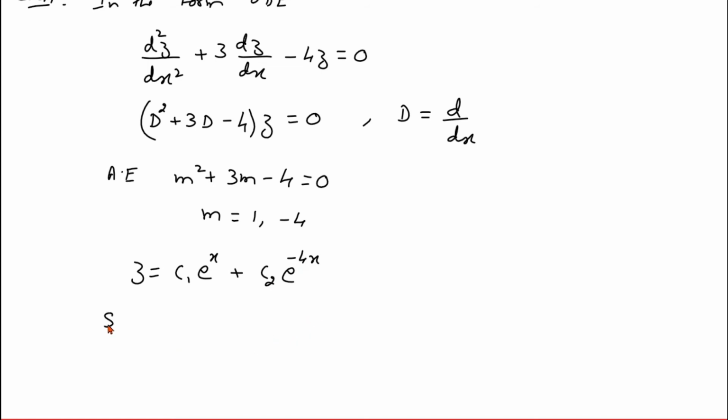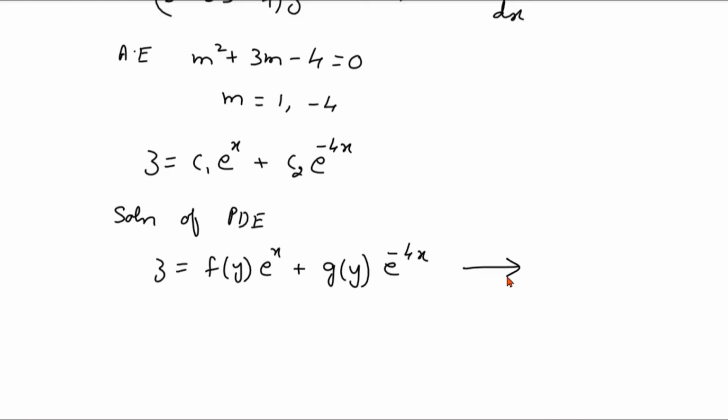So now if you write down the solution of the PDE, then the value of z will be equal to, you'll be replacing c1 by a function of y, because here x is the variable, y is treated as a constant, therefore we'll be writing it as f of y into e power of x plus g of y into e power of minus 4x.